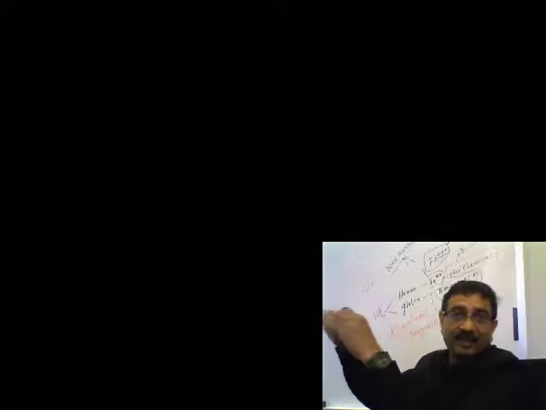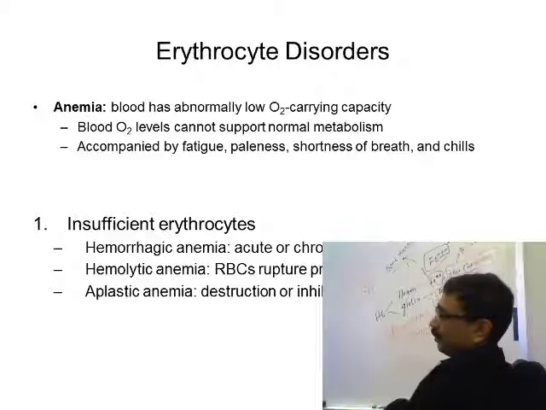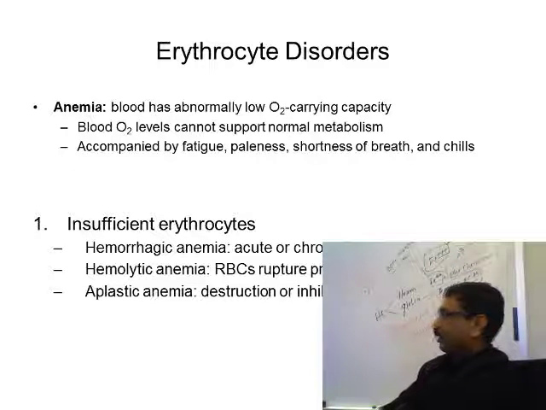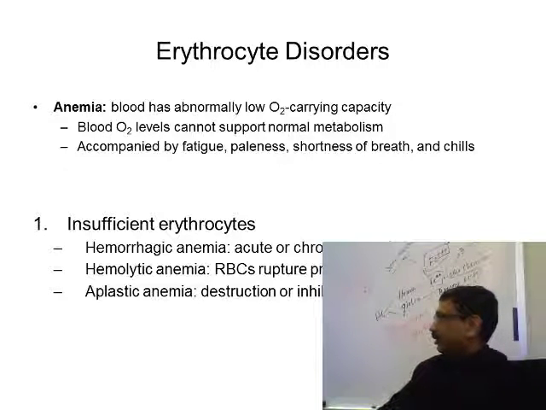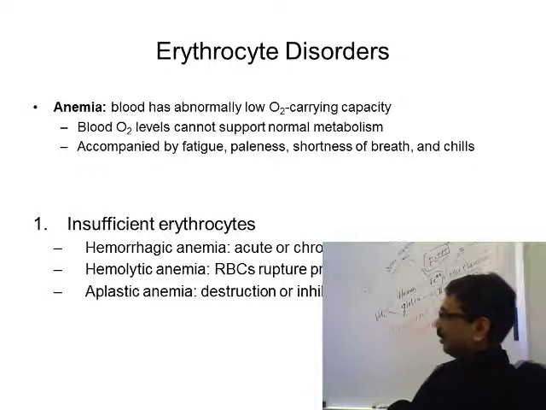So if you have fewer red blood cells or less hemoglobin, the color of the skin or mucous membrane will get less red, right? So that's the paleness of the skin and mucous membrane because of fewer red blood cells or less hemoglobin. Shortness of breath. The person will get tired easily and will get hungry for air. And chills. The person will be more susceptible to cold.